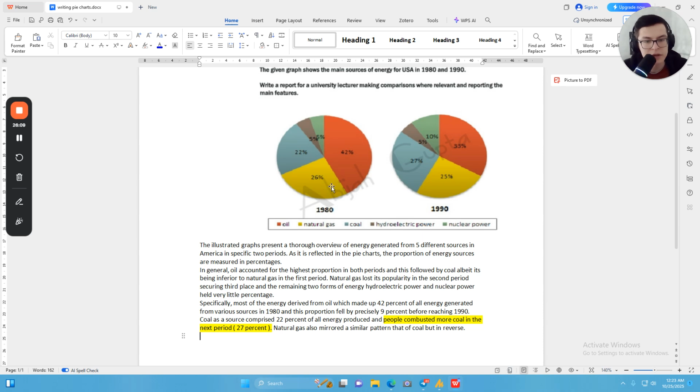As you can see, it decreased, but coal increased, right? So that's why I am saying it also mirrored a similar pattern to that of coal, but in reverse. So that is a great way of introducing the upcoming sentence about energy.